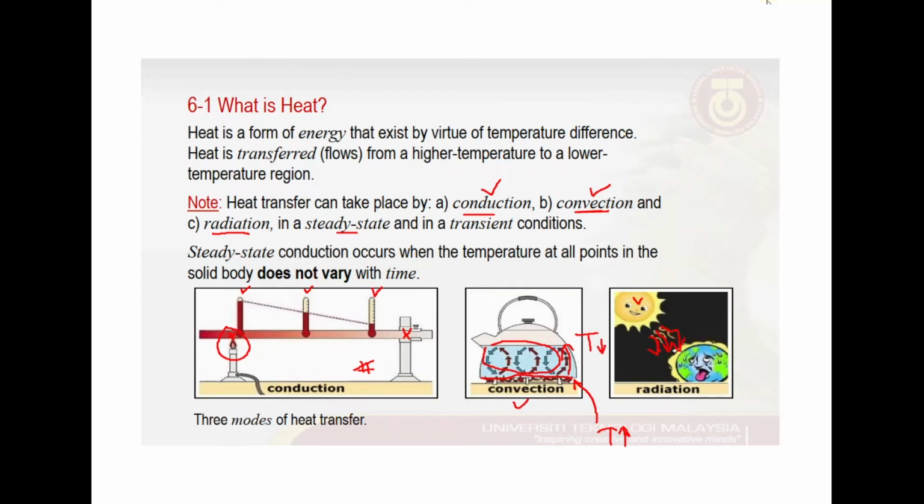So the sun, that huge source of heat, transfers the heat to the Earth without any contact. This is known as radiation, or the electromagnetic radiation process.